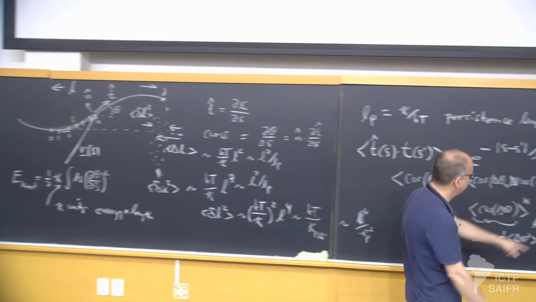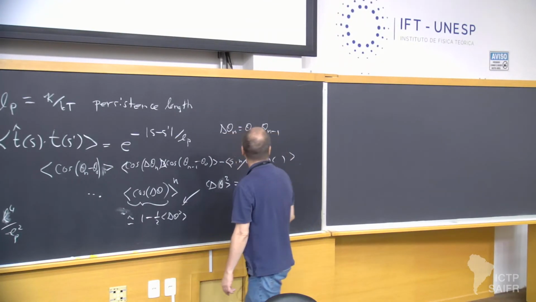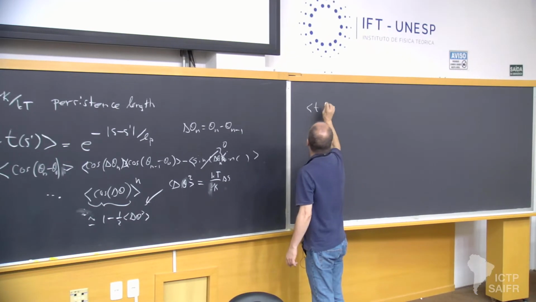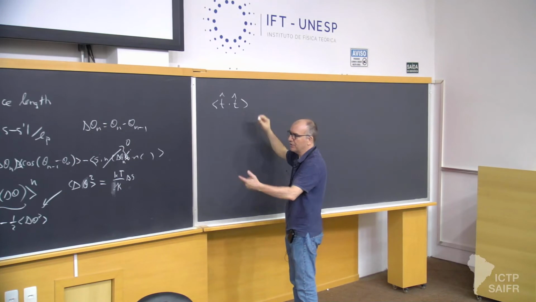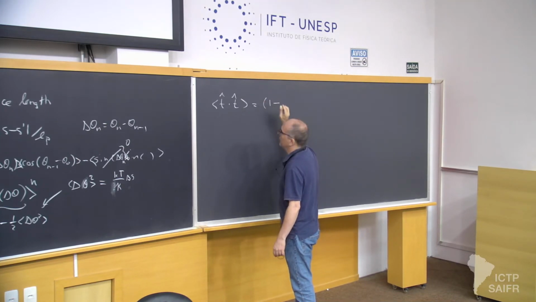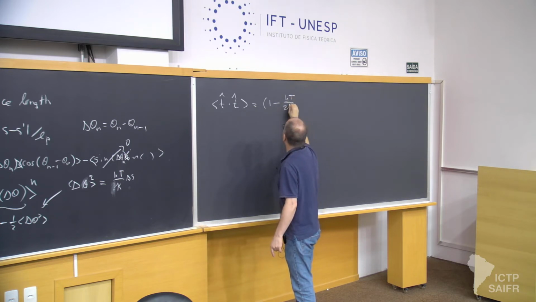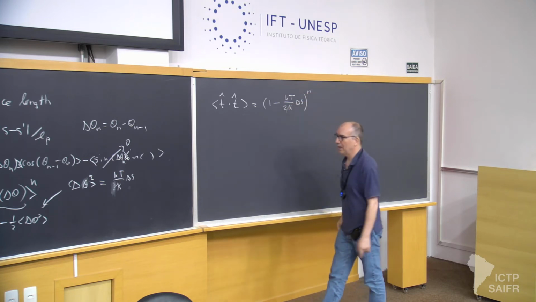Plug that in to here, and my tangent vector decorrelation, or my correlation function, winds up being 1 minus kT over 2 kappa delta S raised to the nth power.